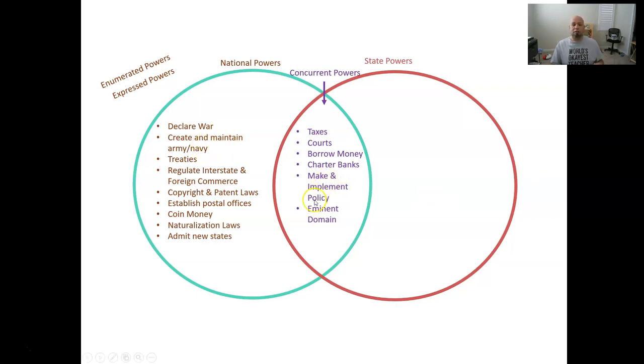Okay, make and implement policy. Basically, this is taking ideas and turning them into laws. Okay, and these are free-flowing and constant, and they're ever-evolving. New laws are always coming up, and old laws are being disregarded or being completely overturned later on. But implementing and making policy is basically just taking the ideas of the will of the public and turning them into laws.